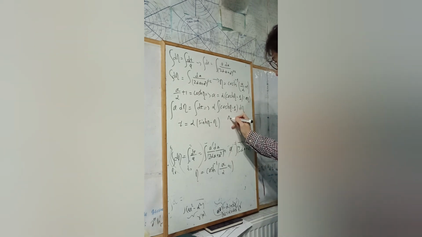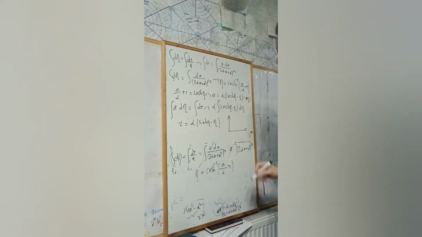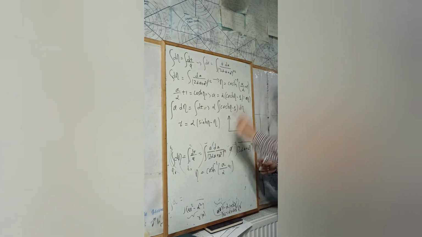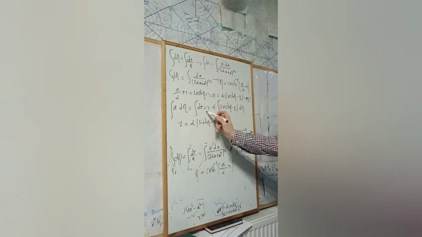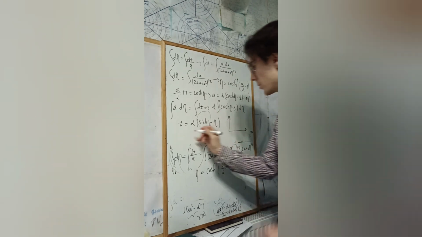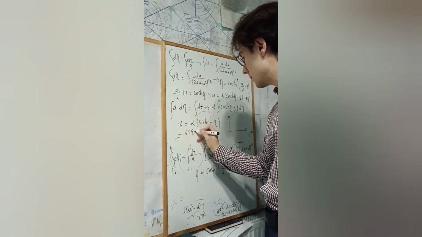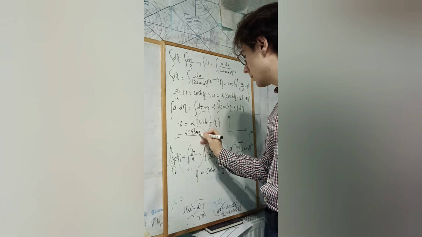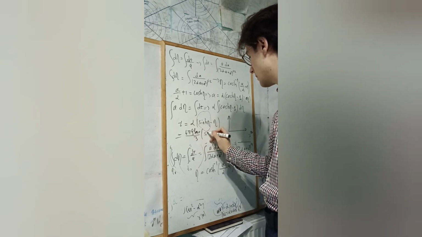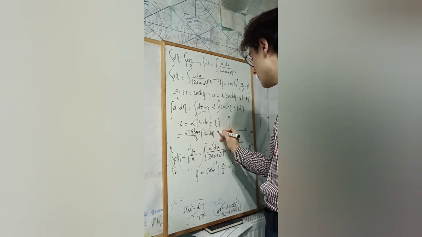That's our definition right now. This has the following graph. Oh, sorry. I have forgotten to write down the constant: sine hyperbolic eta minus eta.